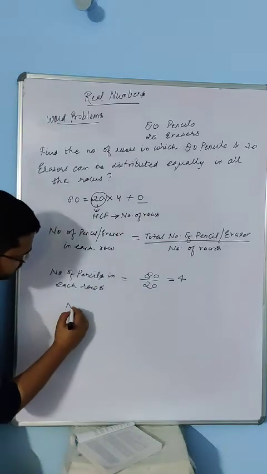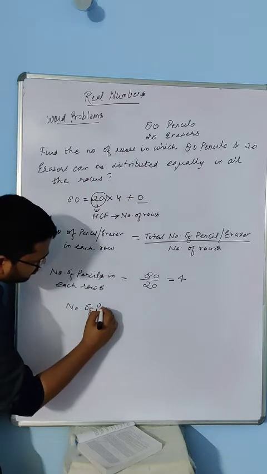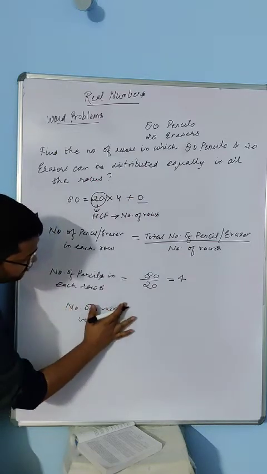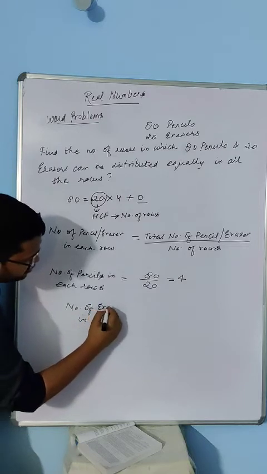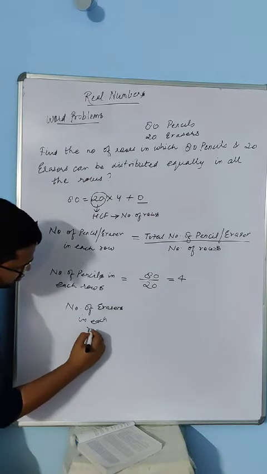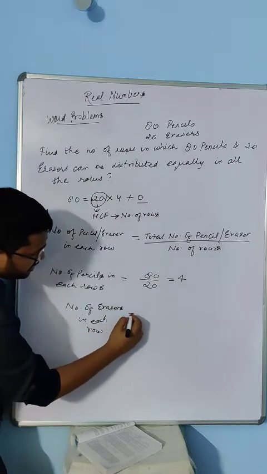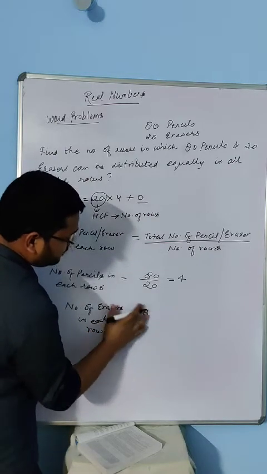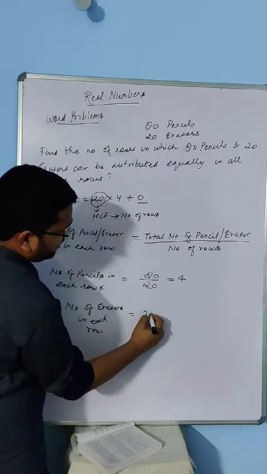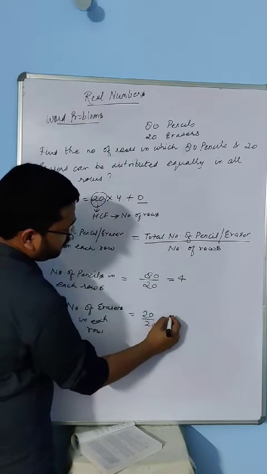Now let's find the number of erasers. Pencils we are done. So the number of erasers in each row: the total number of erasers we have is 20. So 20 divided by 20 will give you 1.